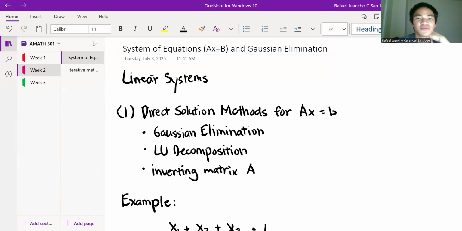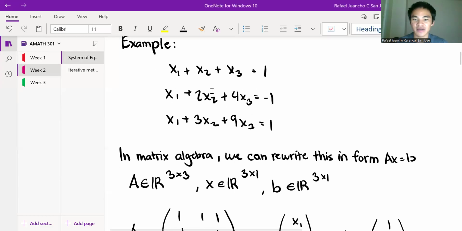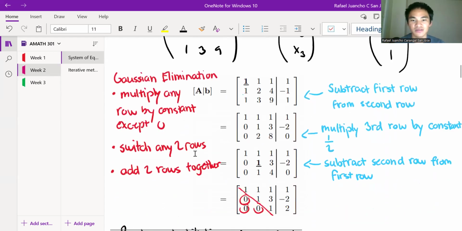So maybe we can have a brief recap. For our direct solution methods, mainly we talked about Gaussian elimination and how we can use that technique to compute the needed solutions based on some matrix A, vector x, and vector b.